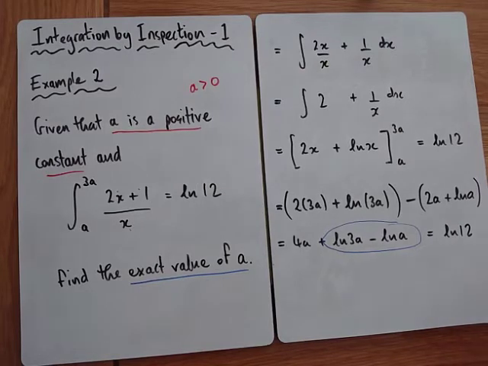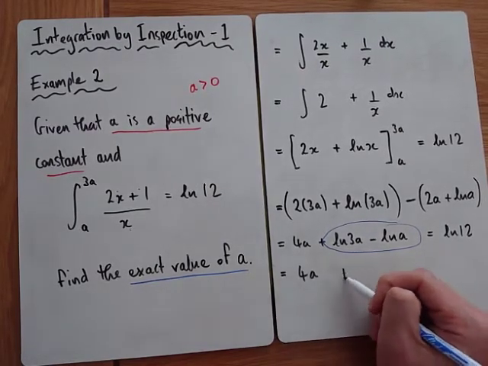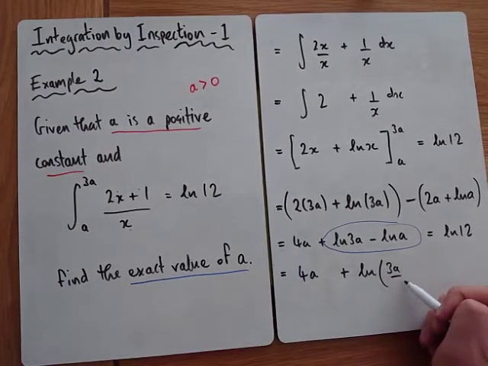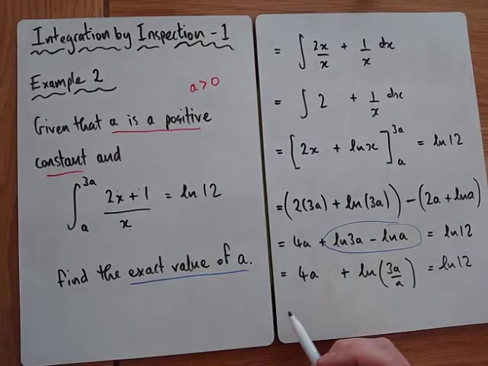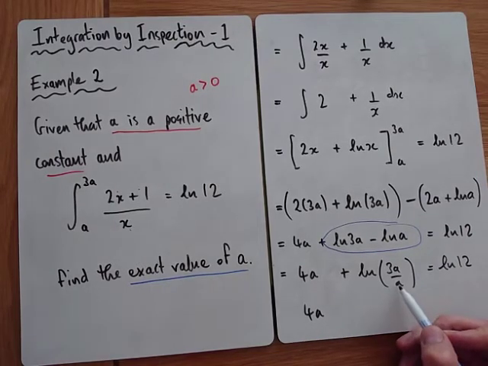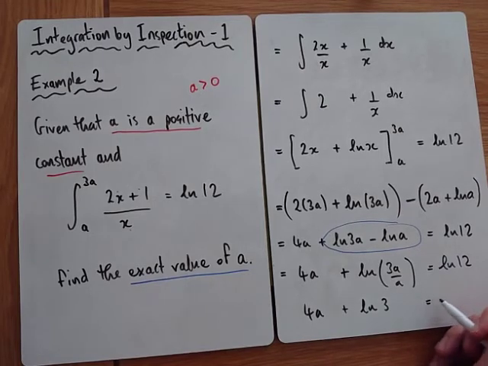We've got a log minus a log. So if you think about the log laws, when you're subtracting, if you combine them together, it becomes a divide. So we know that 3a divided by a is 3, giving ln 3, and then we're nearly there. We just need to rearrange to figure out what a is equal to.